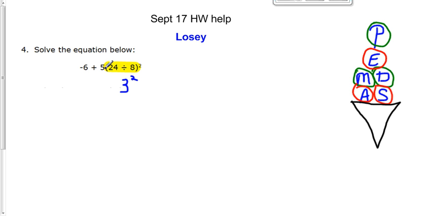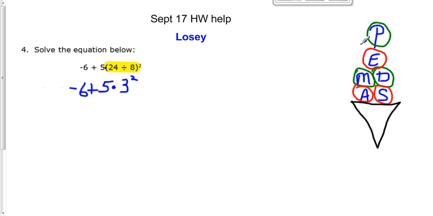Remember, when a number is next to the parentheses, that means multiply. So I'm going to get rid of the parentheses and put a multiply sign so I don't forget and do it in the wrong order. I'm going to bring everything else down the way it is. So now my new problem is negative 6 plus 5 times 3 squared.